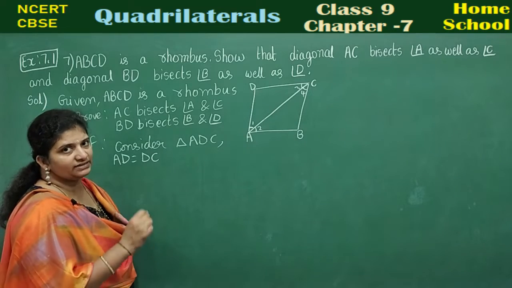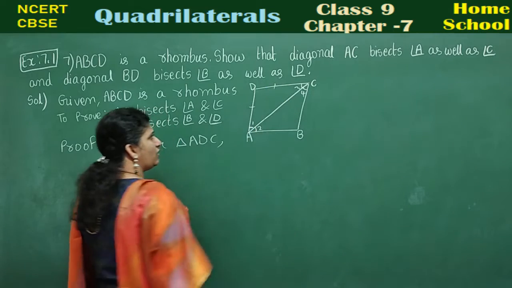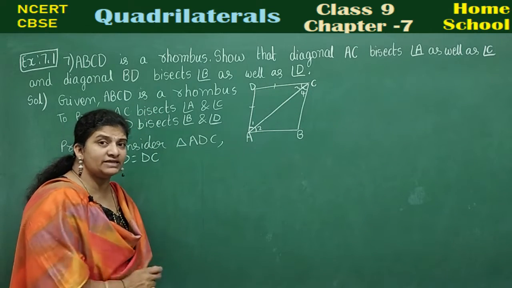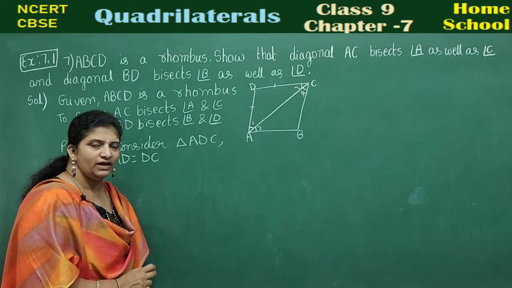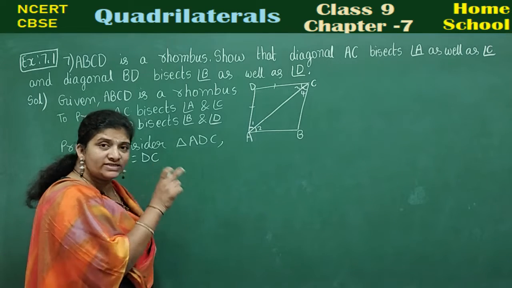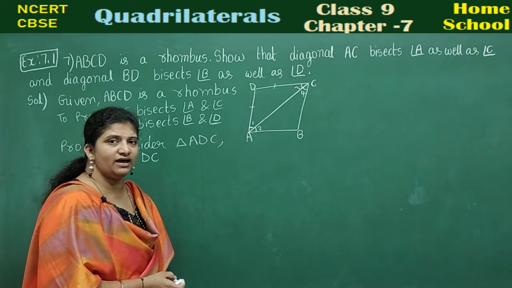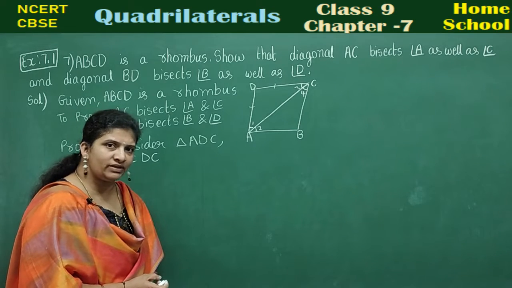In a rhombus, adjacent sides are equal. If these two sides are equal, immediately you remember some triangle. What is it? It is an isosceles triangle. If two sides are equal in a triangle, their opposite angles are equal. Do you remember this point?